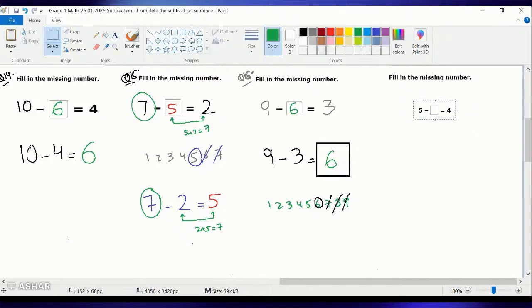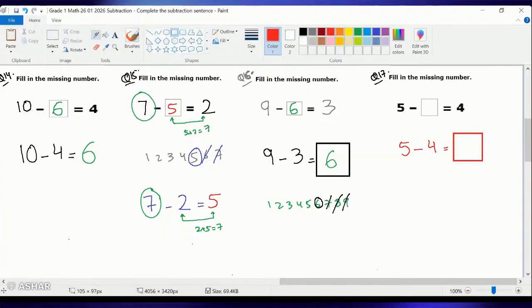What is 5 minus something equals to 4? How much do you need to subtract from 5 to get 4? 5 minus something is 4, which can be written as 5 minus 4 should be equal to the missing value.